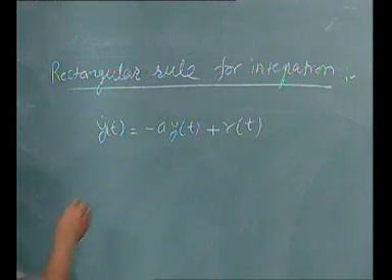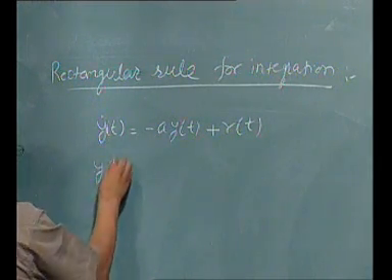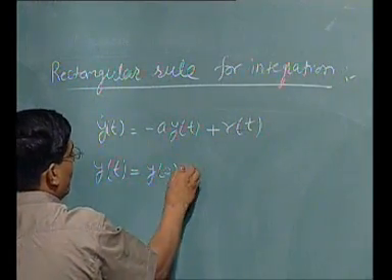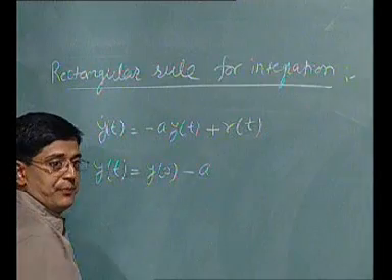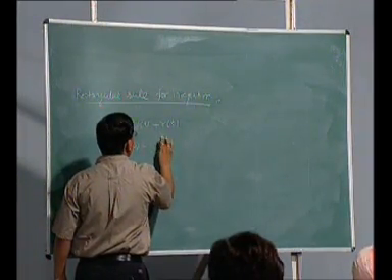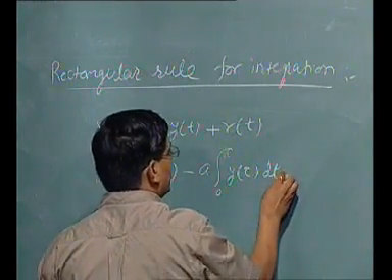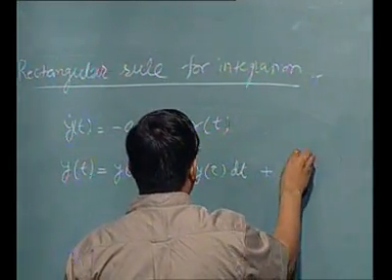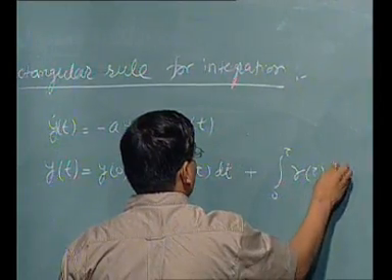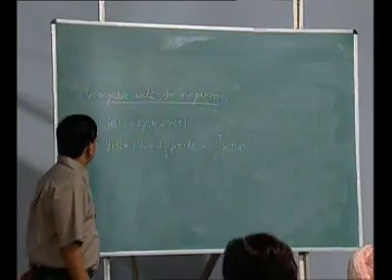So, I can take the integration of this whole differential equation, then it becomes y(t) equals, if any initial condition is there, y(0), then minus a times the integral of any value you can write, tau you can write here, y(tau), plus the integral of r.